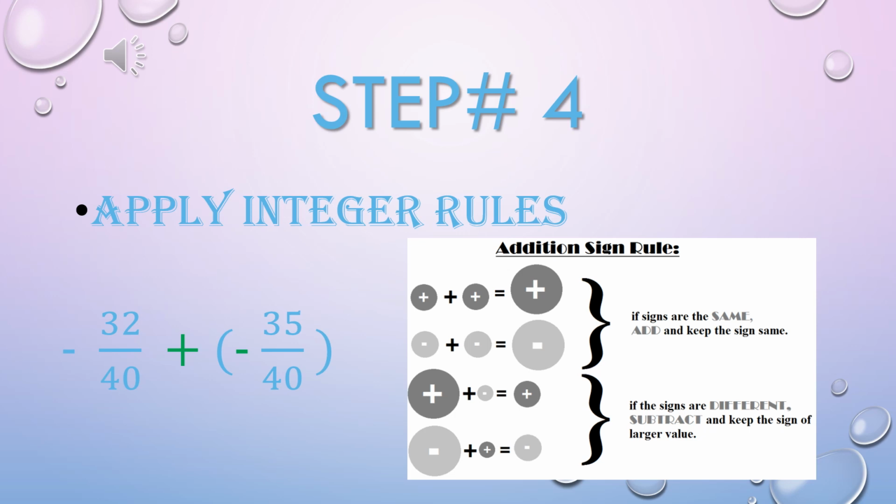After you did the fraction procedure of changing your LCD, finding the equivalent fraction, and applying your KCC, you're going to go to the integer rules. In the problem that we have, both of them are negative. So you're going to add them up and keep the same sign.